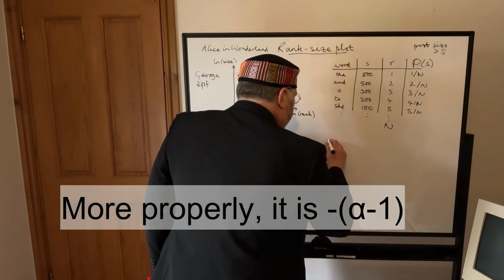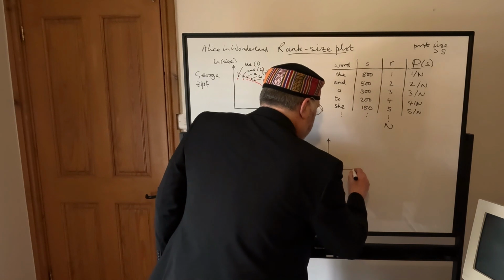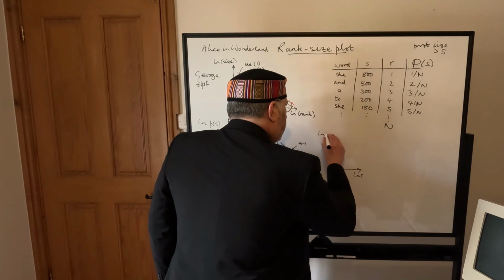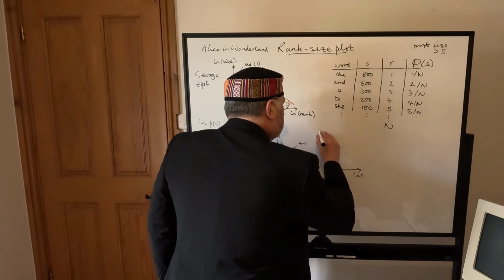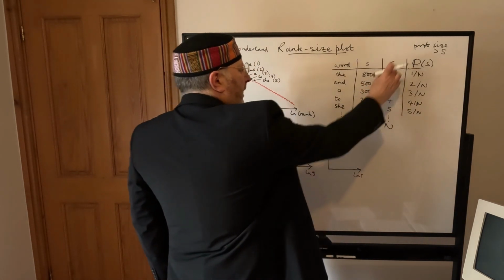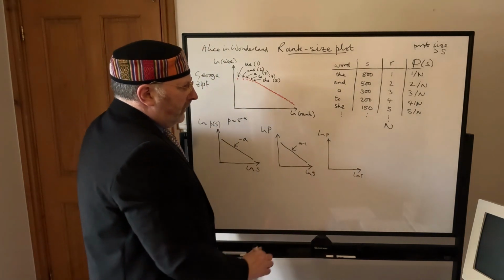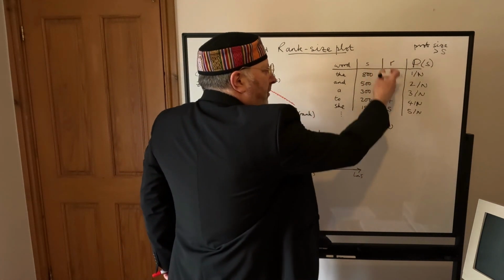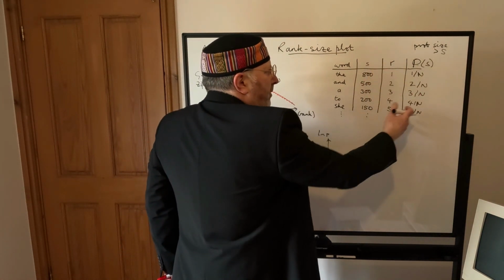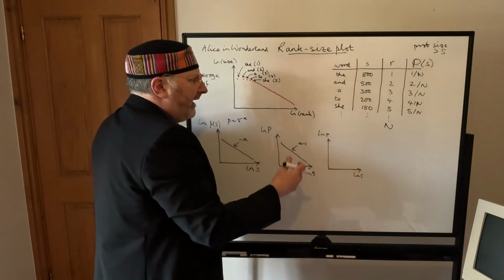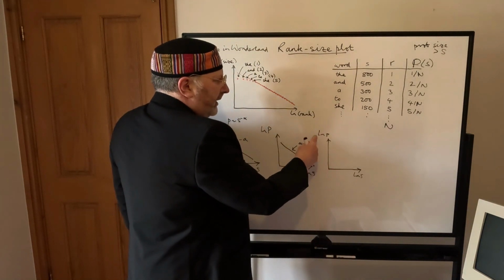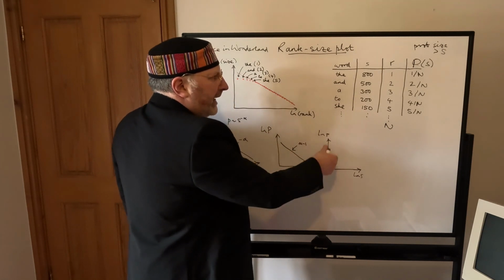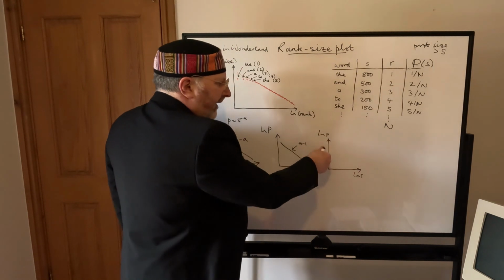And now what if we plot the rank, or rather the logarithm of the rank, for which I use the symbol R, I should have said. So log of rank against log of S. Well, we've just been saying that the rank is equivalent to the cumulative probability just by a scaling factor of n. So it will look exactly the same. It will just be shifted up and down by this scaling factor of n.